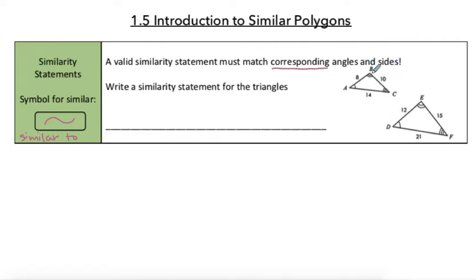If I want to say that this triangle is similar to this triangle, we need to make sure that everything's corresponding. In Integrated 1, we talked about corresponding angles and sides when we talked about triangles being congruent. Corresponding means they're in the same position.